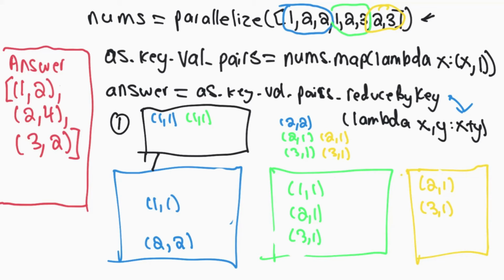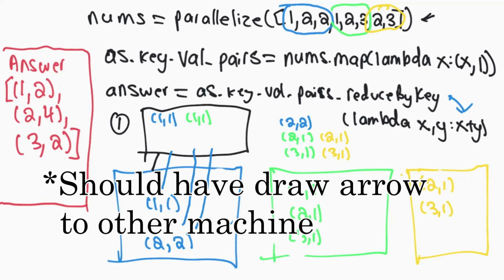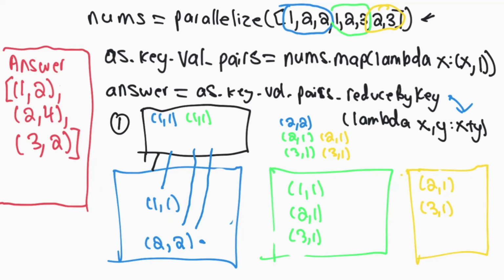And the huge step already happened here. The huge improvement already happened because what we did, instead of passing over 1, 1, and then 2, 1, and then 2, 1, that's what we had in the other example because we didn't group this information here. That's why it's so much faster, because we have to transmit way less information.